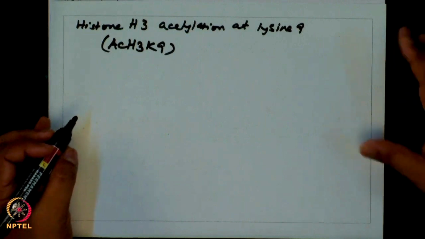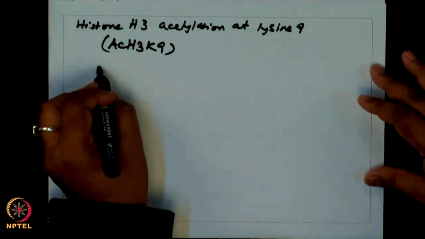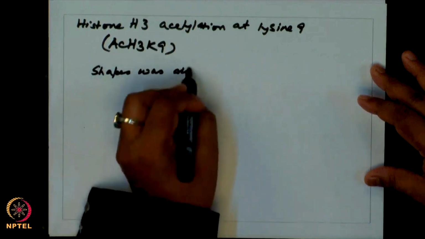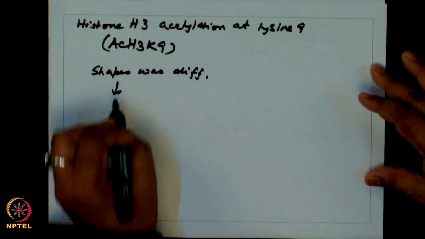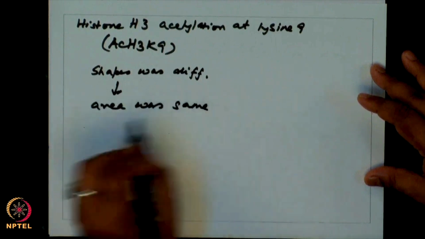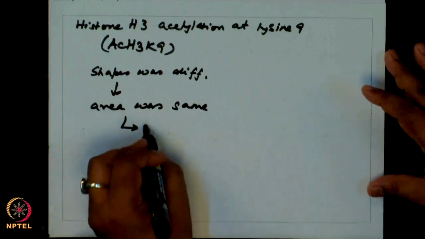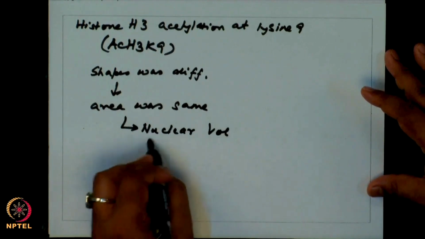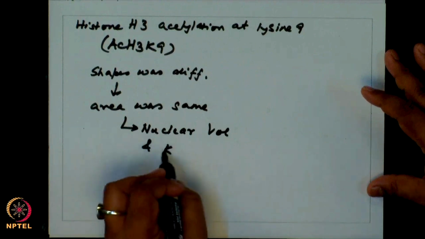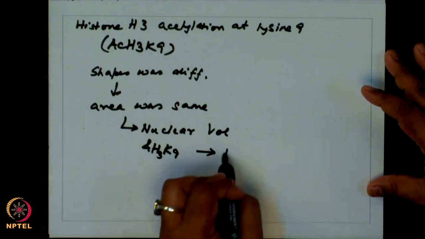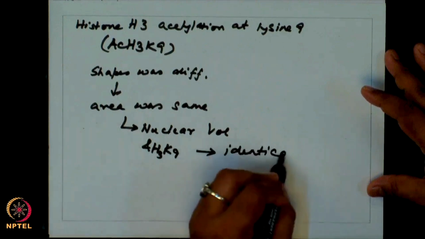What they observed was that when the shape was different, so long as the area was the same, the nuclear volume and H3K9 acetylation were identical.